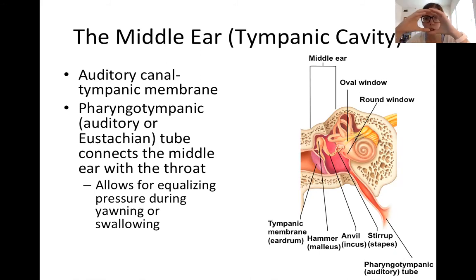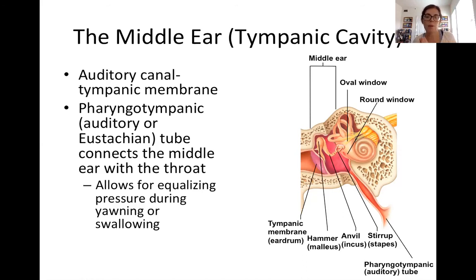And so if pressure starts to build on the outside ear or decrease in the outside ear, there can be a pressure difference between what's going on in the world and what's happening in your middle ear. So for example, you're going up in an airplane. The pressure starts to fall, even though you are in a pressurized cabin, it falls a little bit because you're climbing up. And now there's a difference between the pressure in your outer ear on one side of the tympanic membrane and your inner ear on the other.